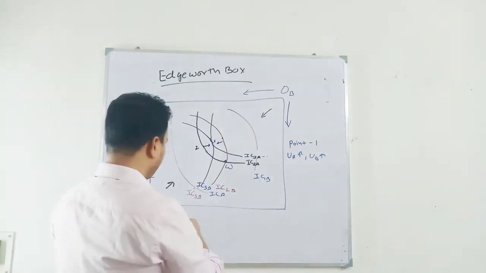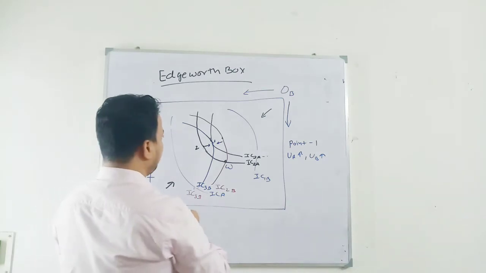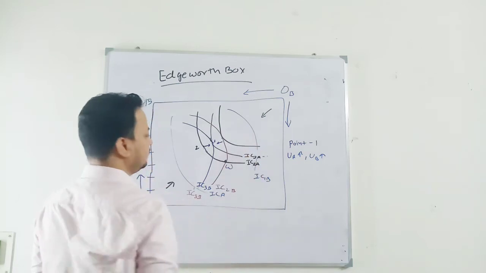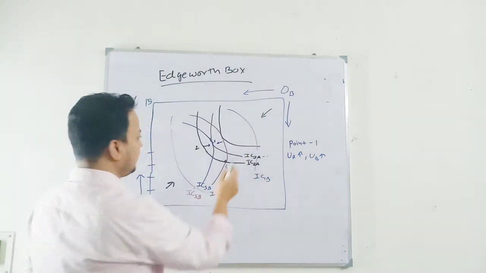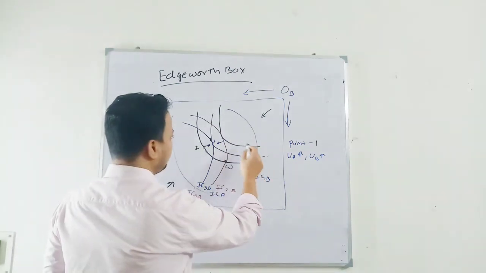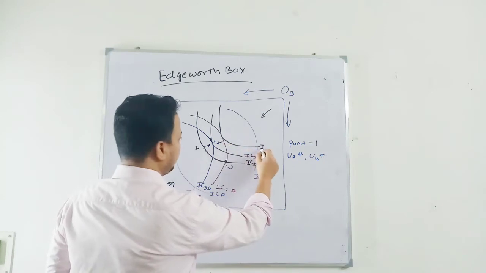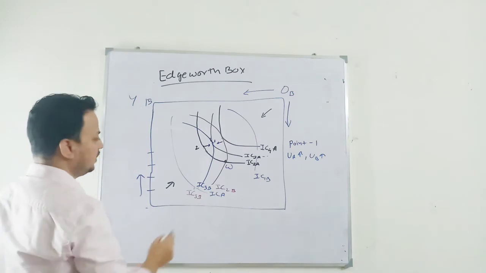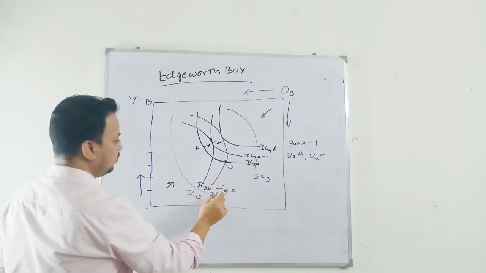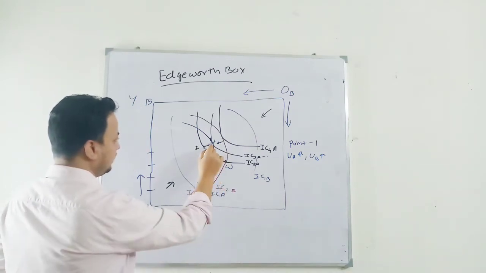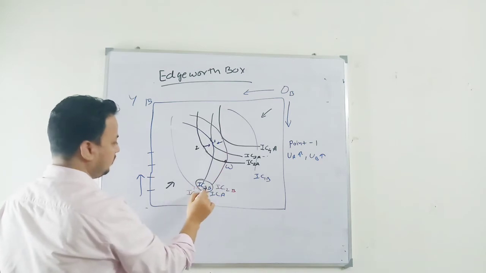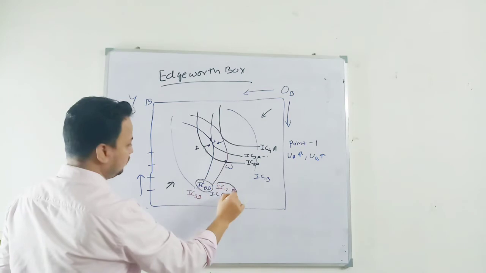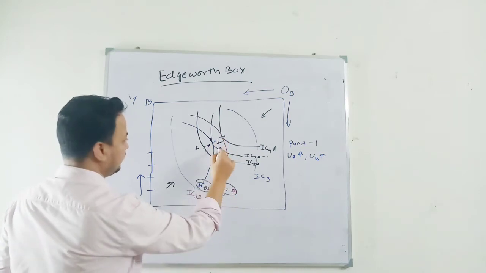So I move consumer A to a higher indifference curve. Suppose this one. The moment I move consumer A to a higher indifference curve, consumer B moves to a lower indifference curve. From 3, here they are in 3, indifference curve 3. Now they move to indifference curve 2. Tangency point. See?